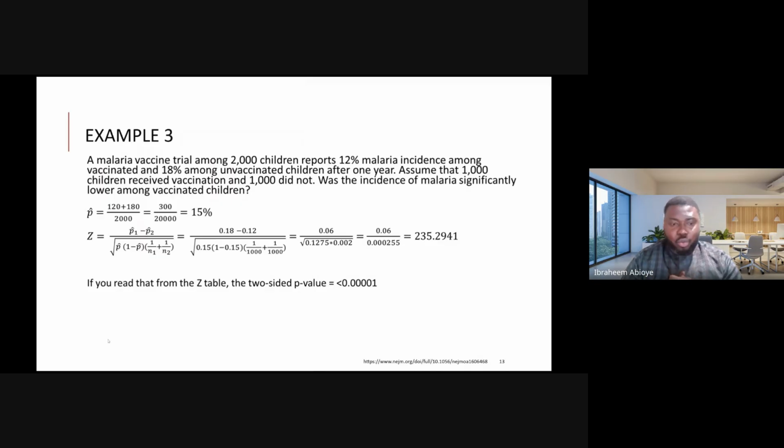So you need to determine what your P1 is, 12%, what your P2 is, 18%, or like I said, it doesn't matter which one is 1 or 2. And then you need to determine what your P hat is in this case, which is 15%. You add those together, 15%. And then you plug this into the formula, you get a Z statistic of 235, which is a very large Z statistic, which is definitely less than 0.001.